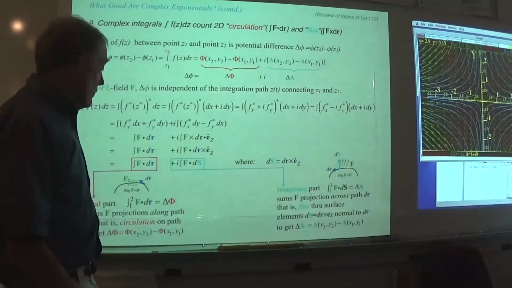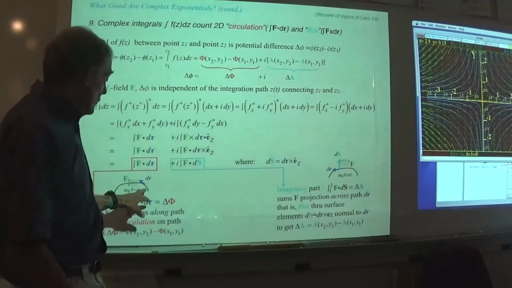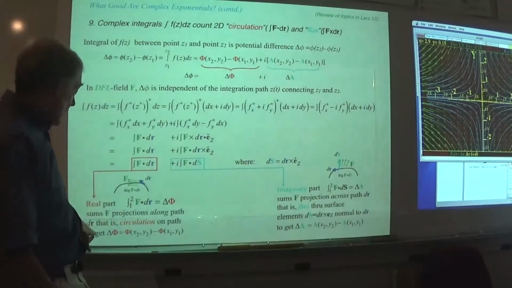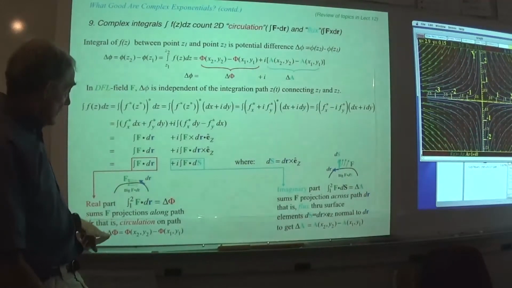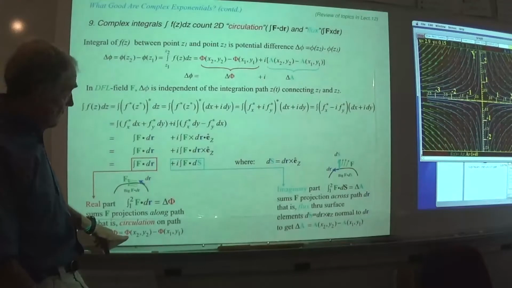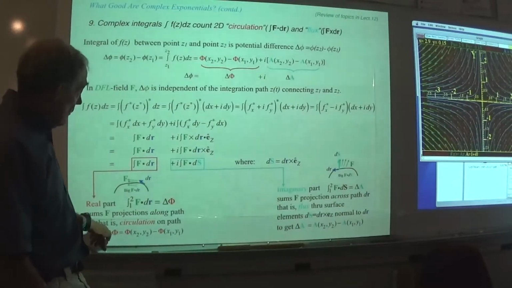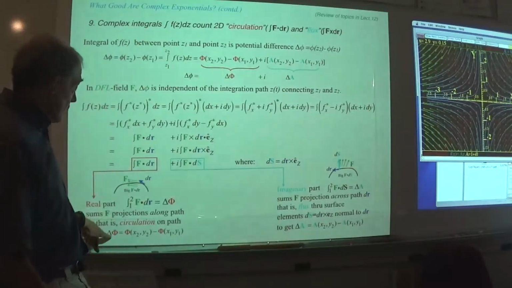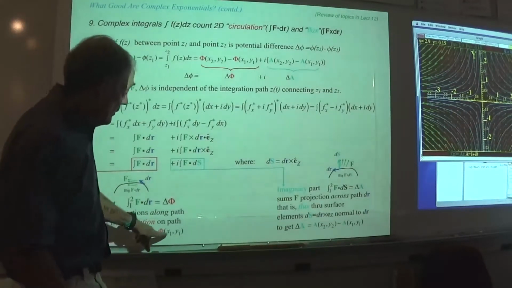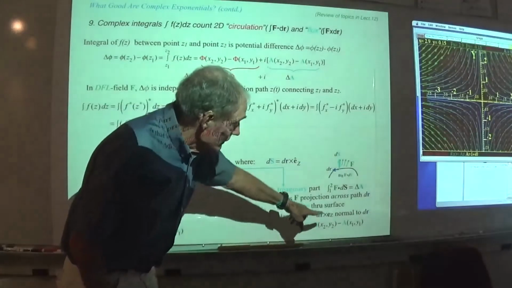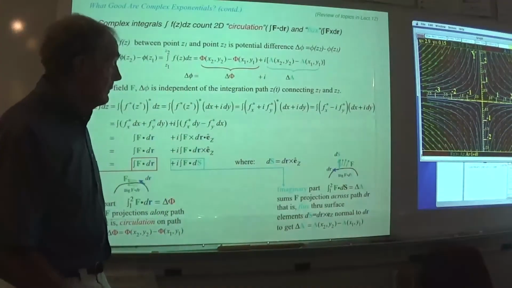And the idea, of course, is that no matter what the contour is from point to point, you don't have to do the integral. You simply have to take a difference if you're interested in the change in the voltage, the scalar potential.